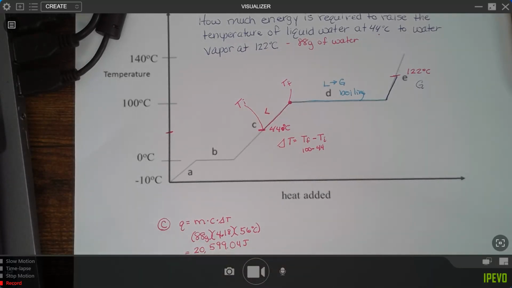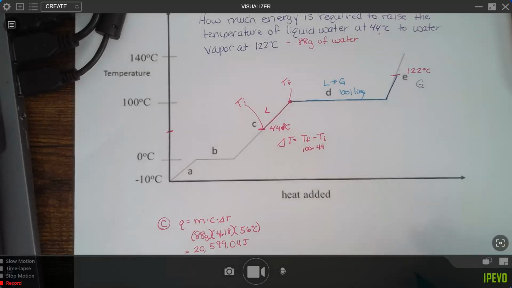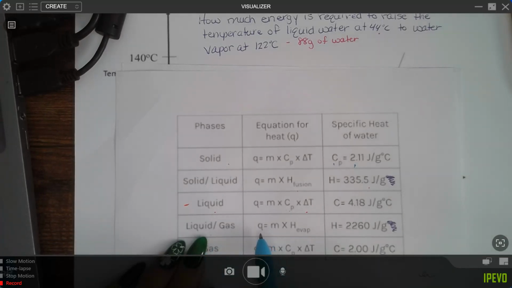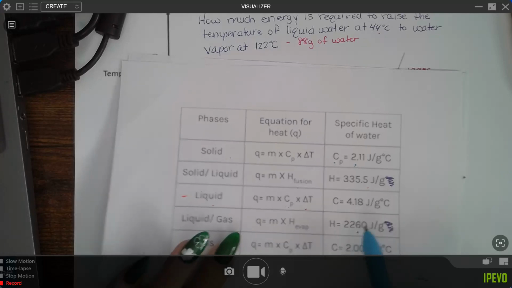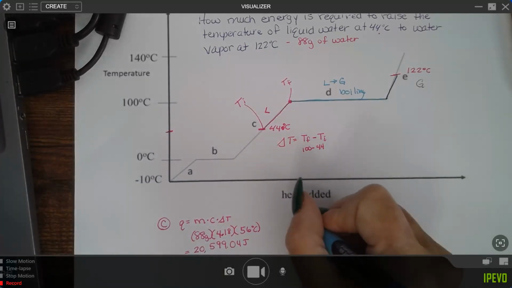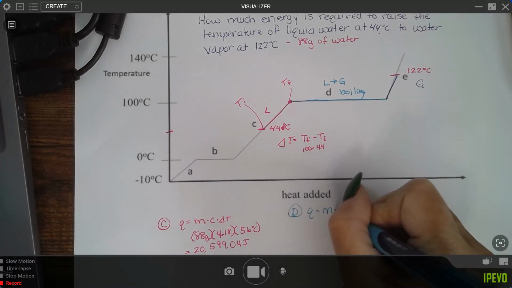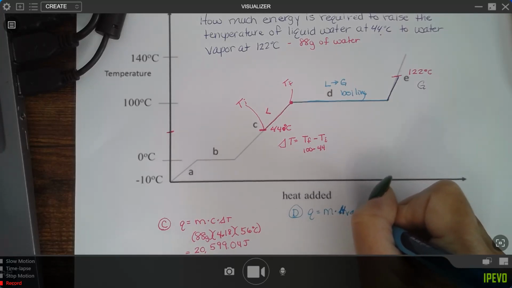For the second segment, this is our flat spot. This is where we have boiling, the water going from liquid to gas. The temperature is not changing. So if we look at our table, we're going to use Q is equal to the mass times the heat of vaporization, and that heat of vaporization is 2,260 joules per gram. So for segment D, Q is equal to M times the heat of vaporization.